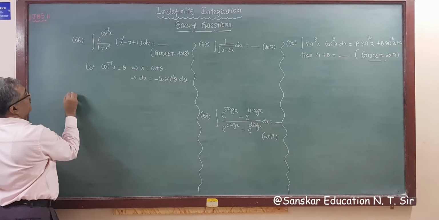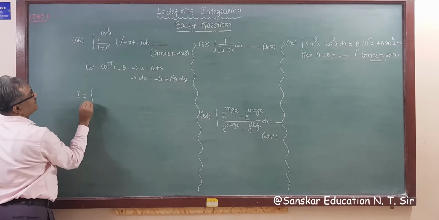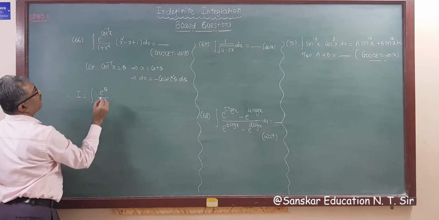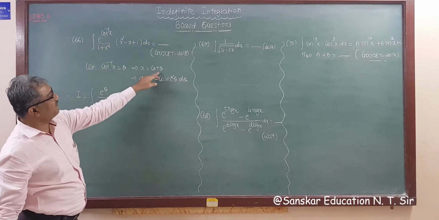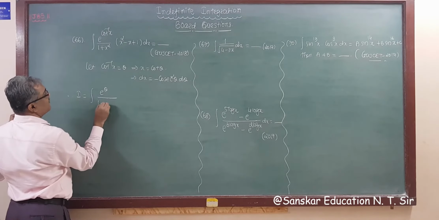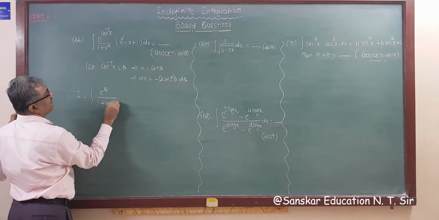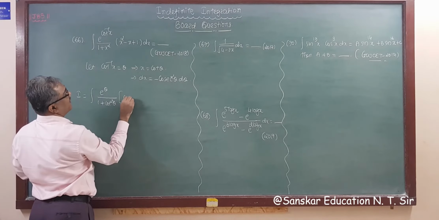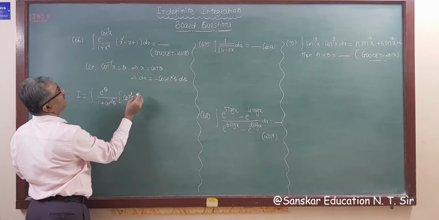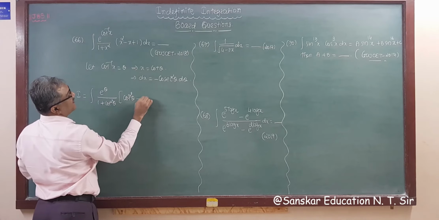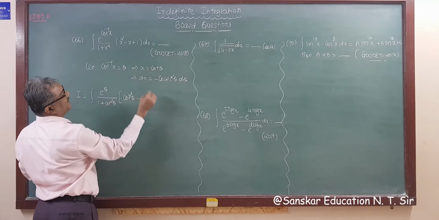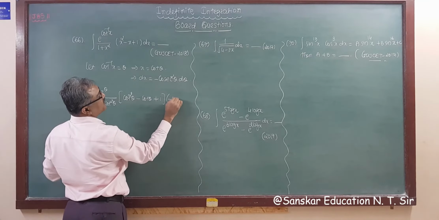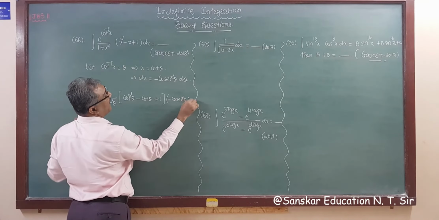So substituting all these values here, I is equal to integration of e raised to cot inverse x, which is e raised to theta, whole upon 1 plus x square, that is 1 plus cot square theta, into x square is cot square theta, minus x is minus cot theta, plus 1 is plus 1, and dx is minus cosec square theta d theta.